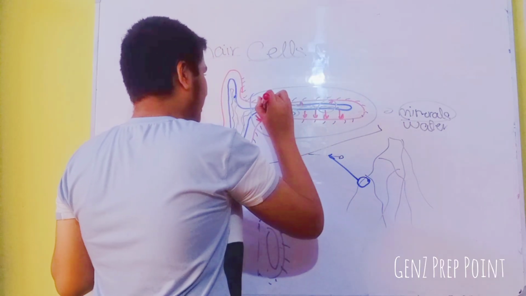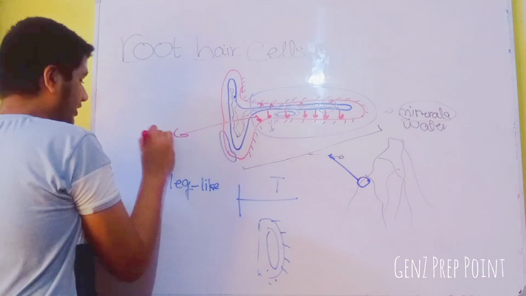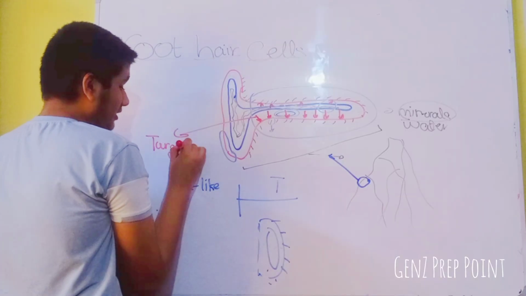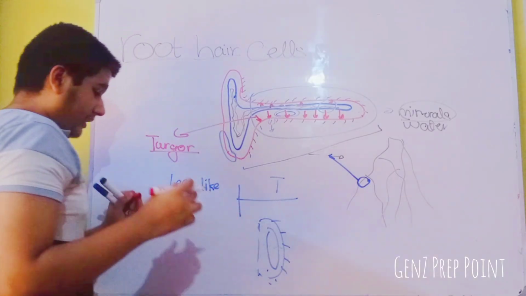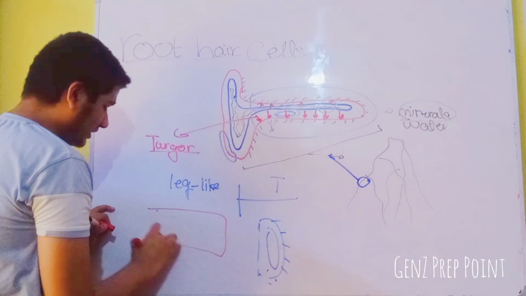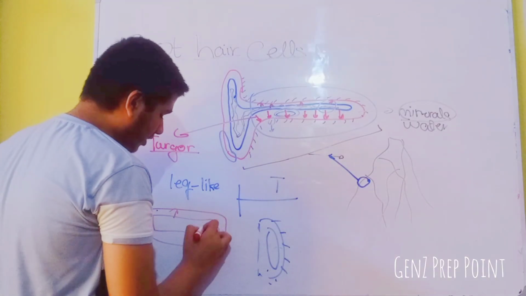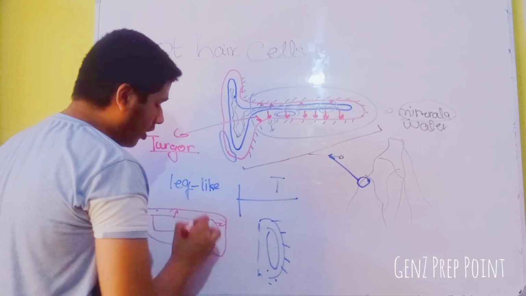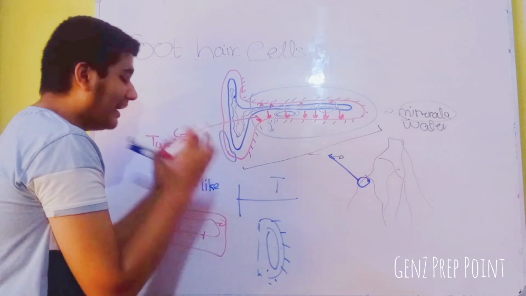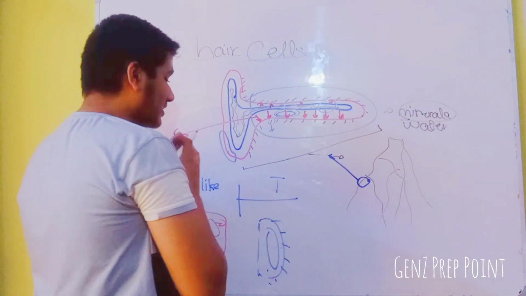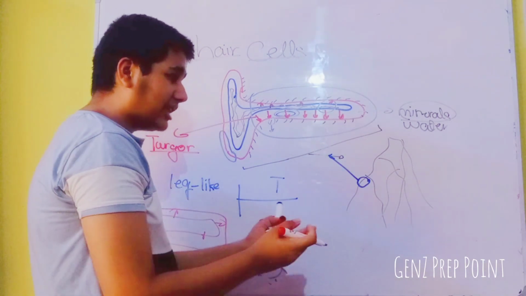This pressure is called turgor pressure. Why is it applying it? Just suppose this is a swimming pool of water. The water applies force on the base and on the walls. So this helps the root hair cell to maintain its shape.